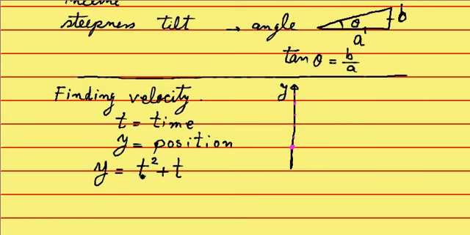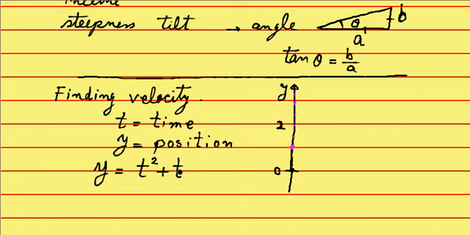If time is 0, what is the location of this object? If time is 0, location is also 0. If time is 1, what's the location? At 1 second, perhaps the object is at this location. So these are the y values.